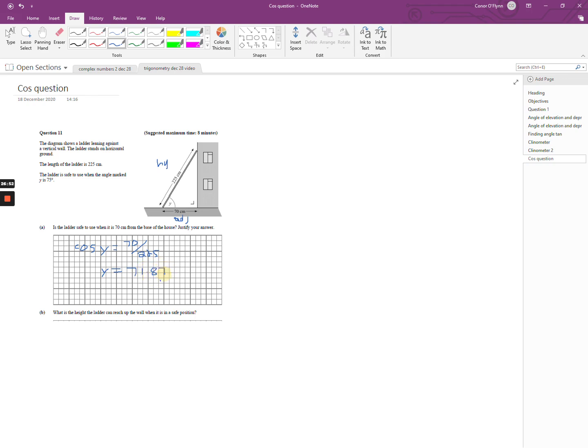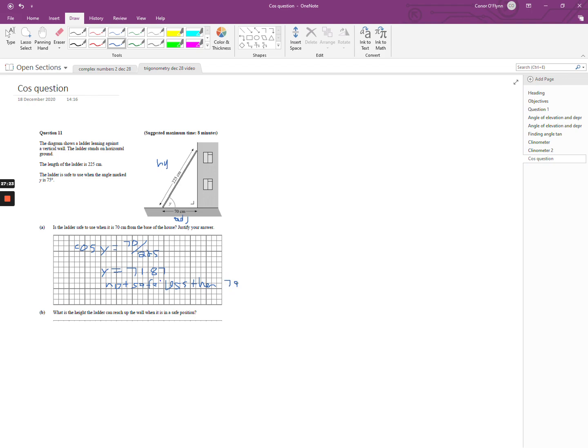So it has to be 75 degrees, therefore not safe. It's less. I'll just say that. Yeah, that's it. Straightforward as that. We get our angle. They give a bit of a story. Don't be put off by it.